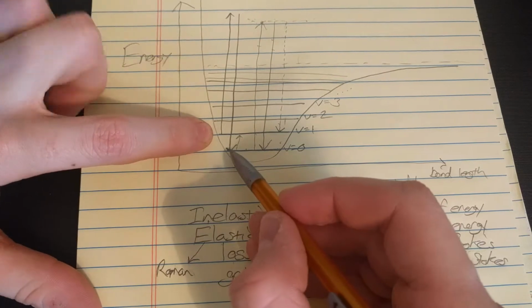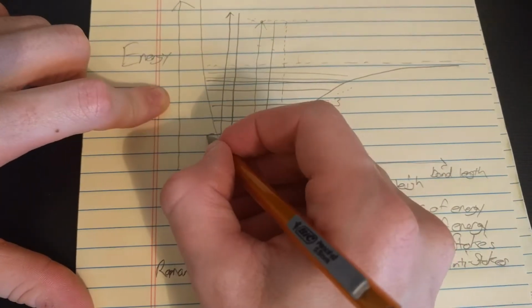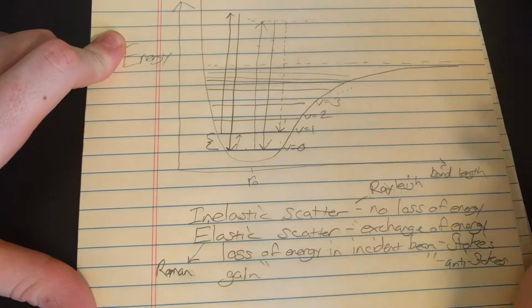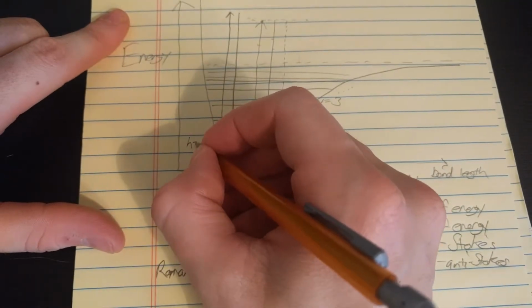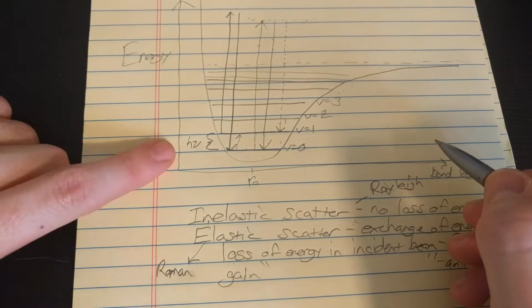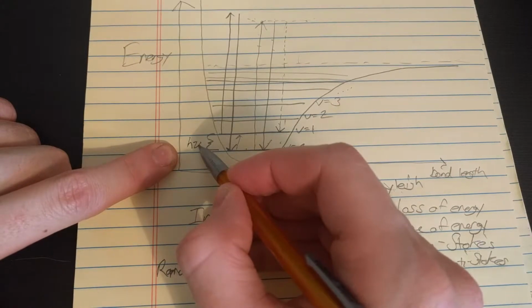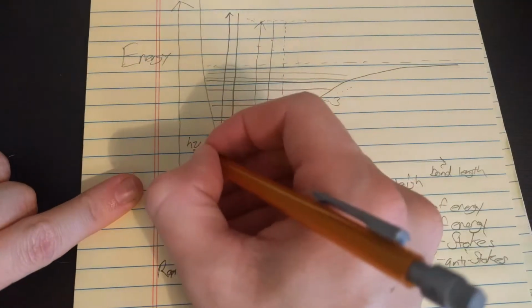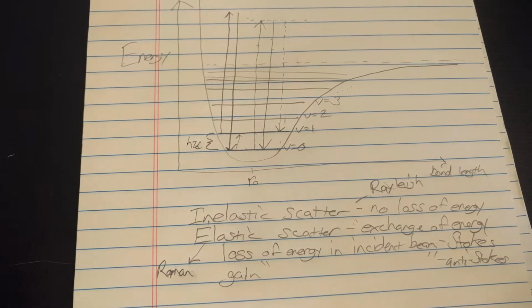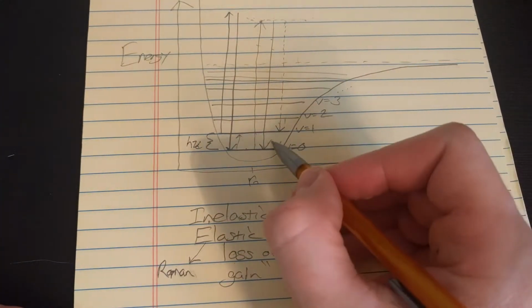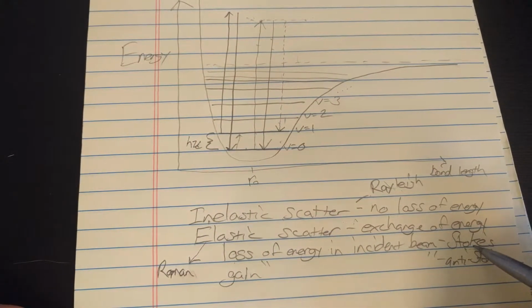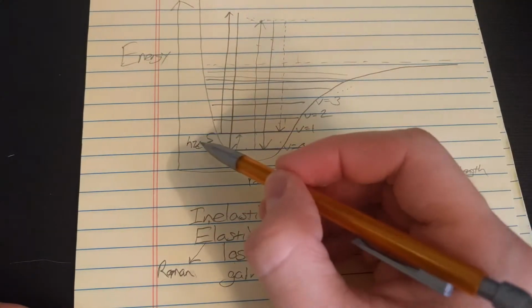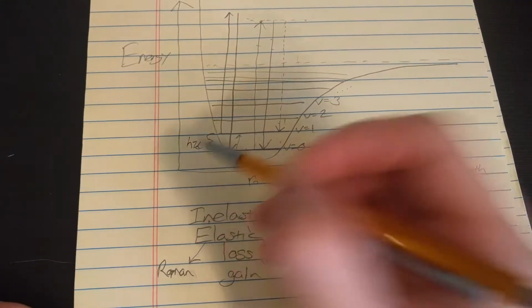So essentially, your beam gained this much energy, which we learned in the last video is just h nu, where nu is the frequency between these two states. We'll call it nu naught. And the same thing with the Stokes, except you lost an energy h nu.